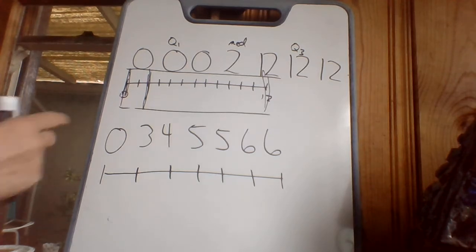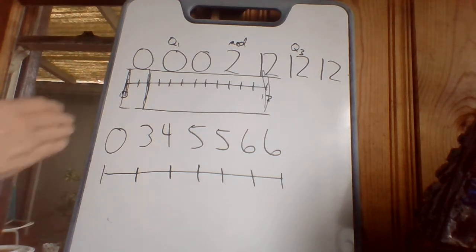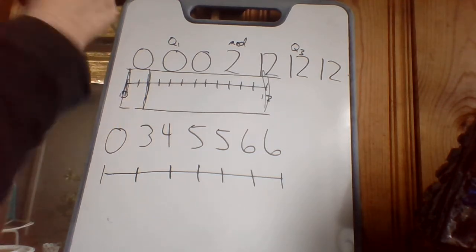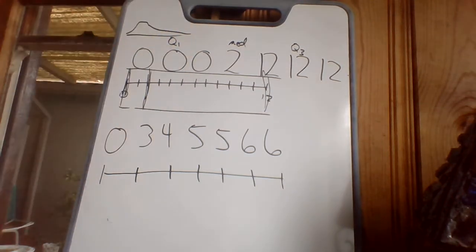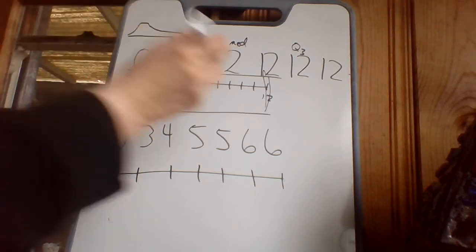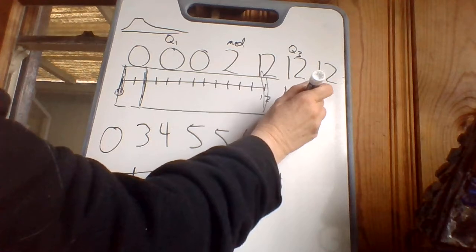But I would call this left shifted because the very center, if this was a bell curve, the very center of that bell curve is way over here and then it tapers off. This has got to be the center point. So I'm calling this left shifted as well, even though it doesn't have any whiskers.